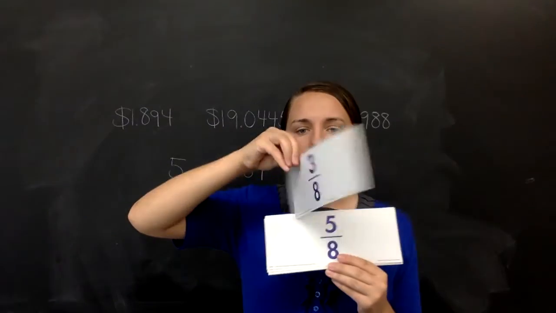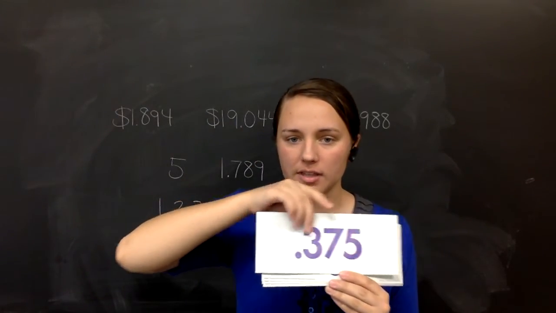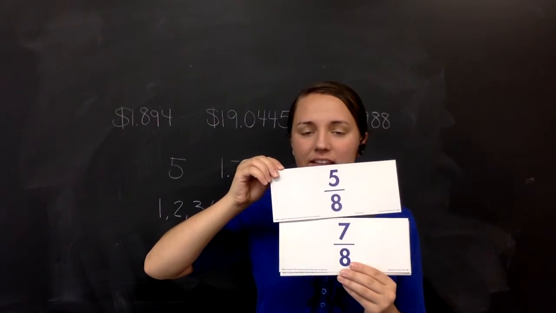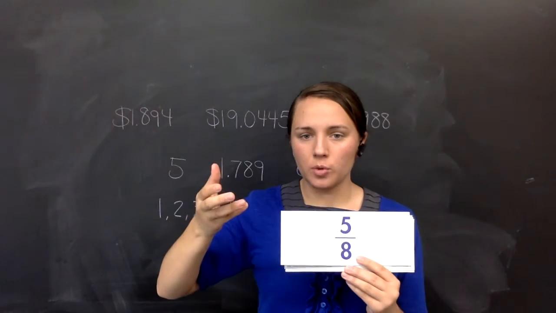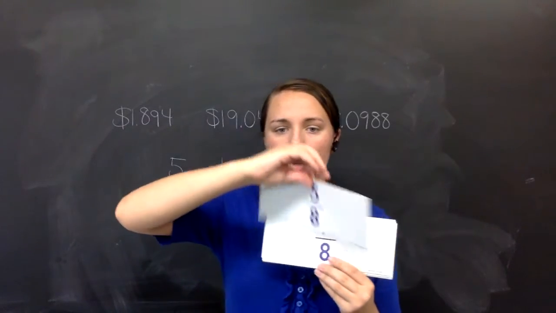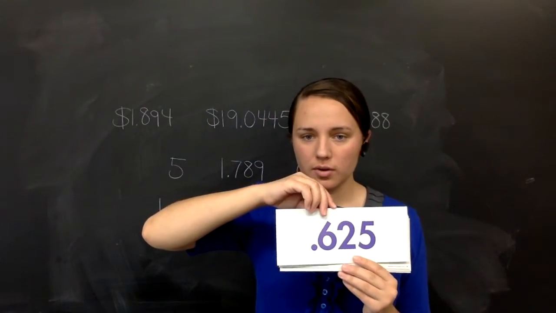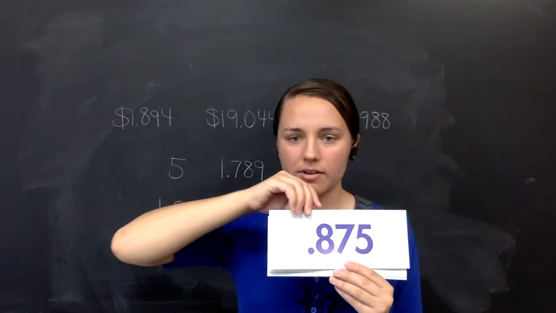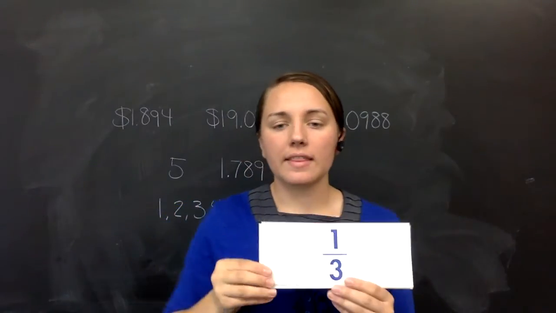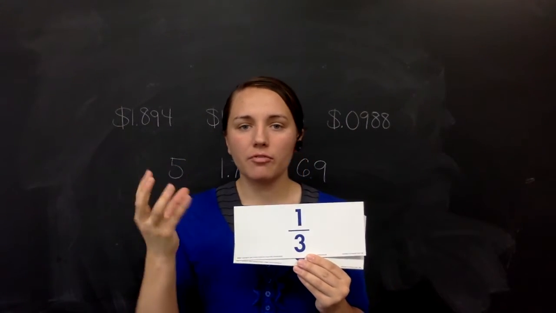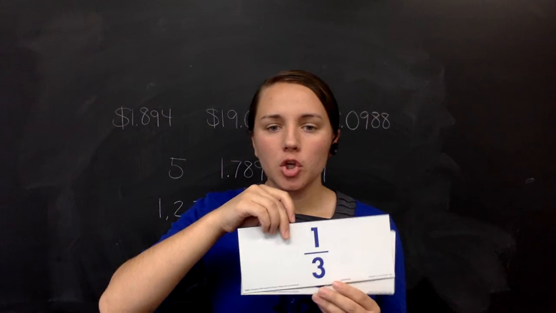This is 375,000. Okay? And then 5/8 and 7/8 begin with one more than their numerator, and then they follow the 25/75 pattern. So 625,000 and 875,000.